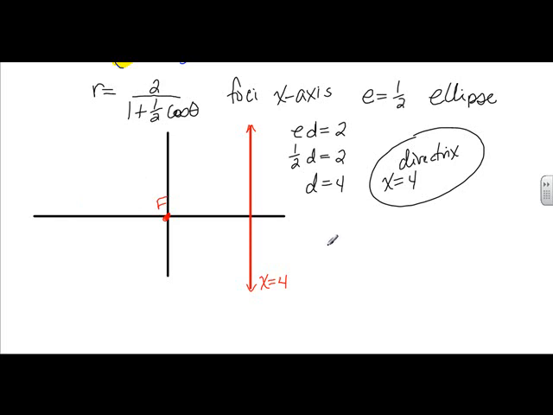I'm going to let theta be equal to 0 radians. Then solving my equation for r, I'd have 2 over 1 plus 1/2 times the cosine of 0, which is 1. So we get an r value of 4/3. So one of our vertices in polar form is (4/3, 0).